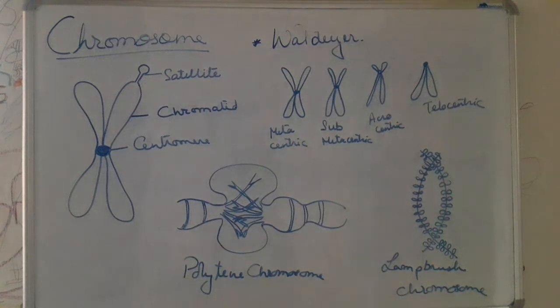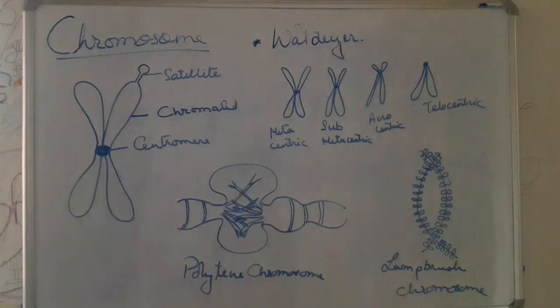Now let's once recall what we have studied. First of all, we studied the structure of chromosome, which consists of two chromatids attached with the help of a centromere. It consists of the secondary constriction, the satellite, which we call the SAT chromosome or marker chromosome. Then based on the position of centromere, we found four different types of chromosome: metacentric, submetacentric, acrocentric and telocentric.